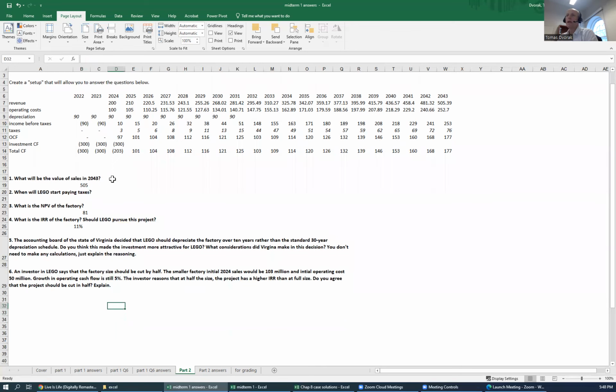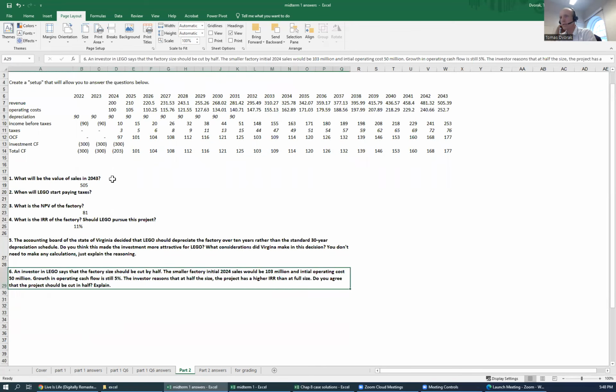Final question. An investor says that the factory should be cut in half. For the smaller factory, initial sales would be 103 million, initial operating costs 50 million, growth is still 5%. Let's do the calculation.